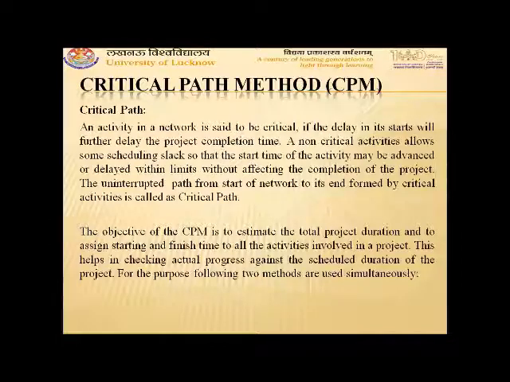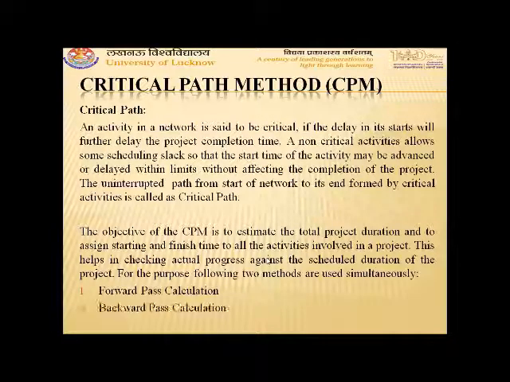These two methods are used for assigning the start and finish time of the activities, and the time for finish of the last activity will be called as duration of the project. These two methods are forward pass calculation and backward pass calculation.